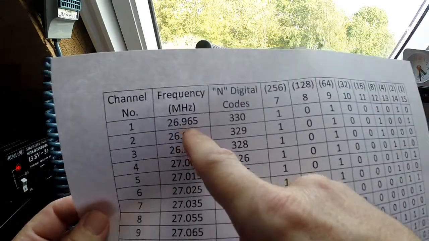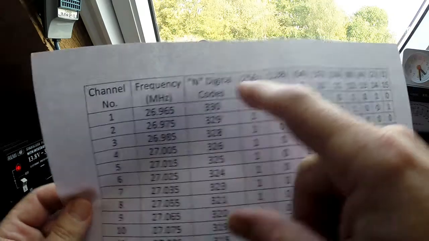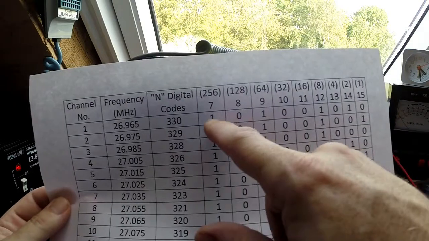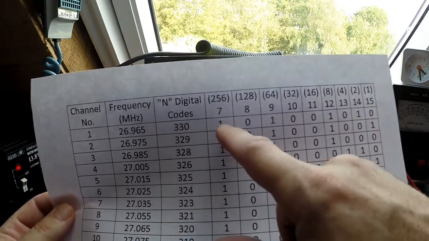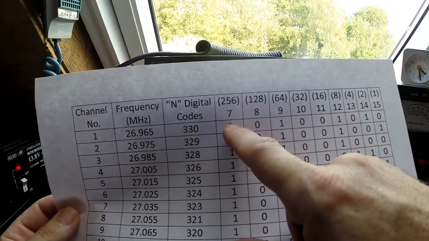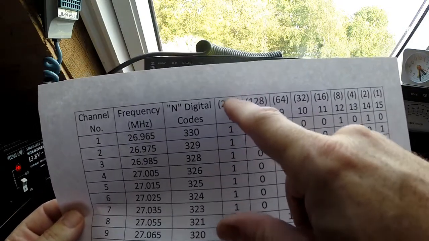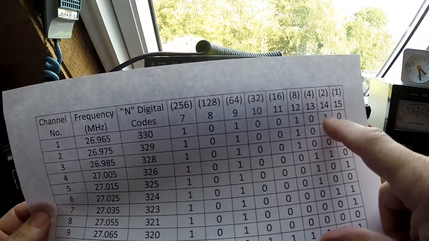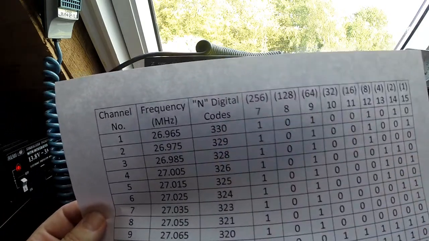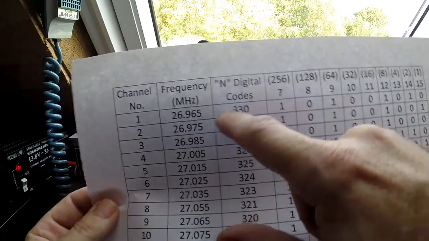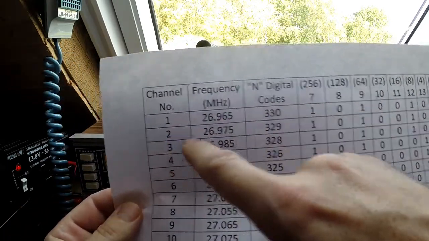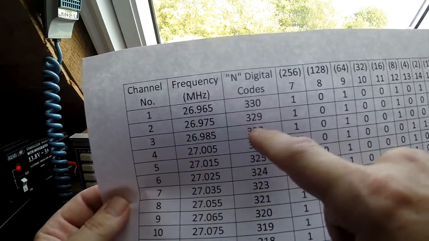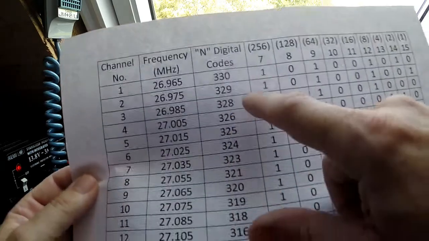And for each channel you have what's called a binary code, so it puts a voltage onto certain pins of the PLL chip, and each pin has a value, and combinations of those, 1 means there's a voltage, 0 means there's no voltage, so 256 plus 64 plus 8 plus 2 gives you a digital code of 330. Now what you can see here is channel 1, 330, channel 2, 329, channel 3, 328. Here comes a jump, channel 4, 326.